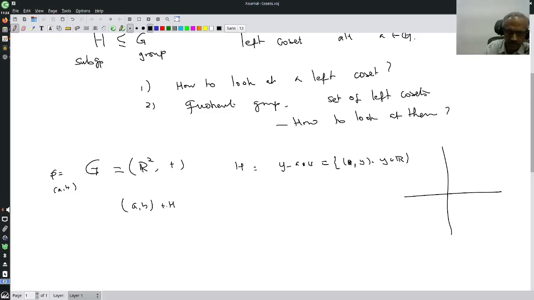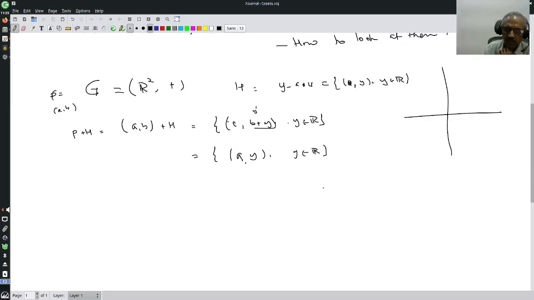Now suppose I start with an element P, let us call it (a, b). Then (a, b) + H is a left coset, this is P + H. You can see that it is (a, b + y) as y varies over R. This is the same as saying (a, y') where y' varies over all of R. Therefore I can solve for this. So what is this?